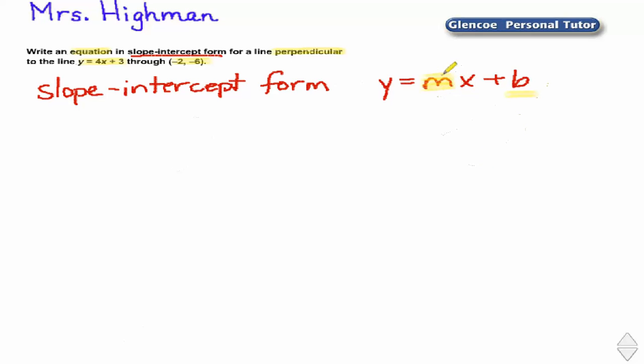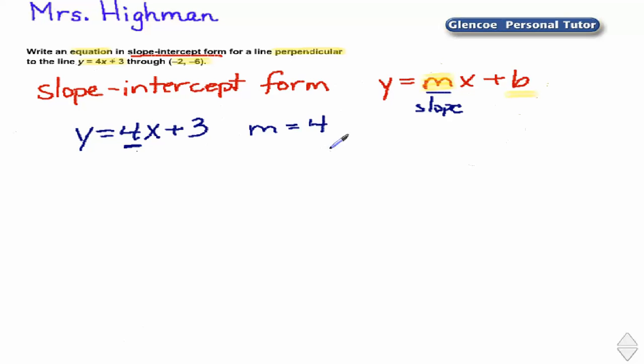So let's focus on the slope part right now, because we're given an equation here, y equals 4x plus 3, and this is also in slope-intercept form. So we said that the m here stands for the slope. So in this equation, y equals 4x plus 3, the slope is 4.